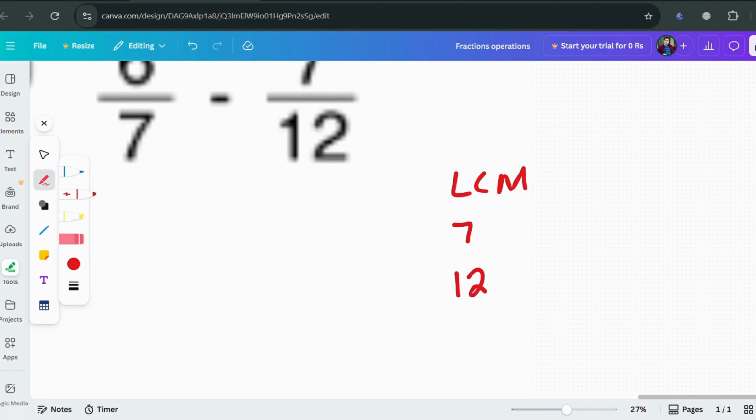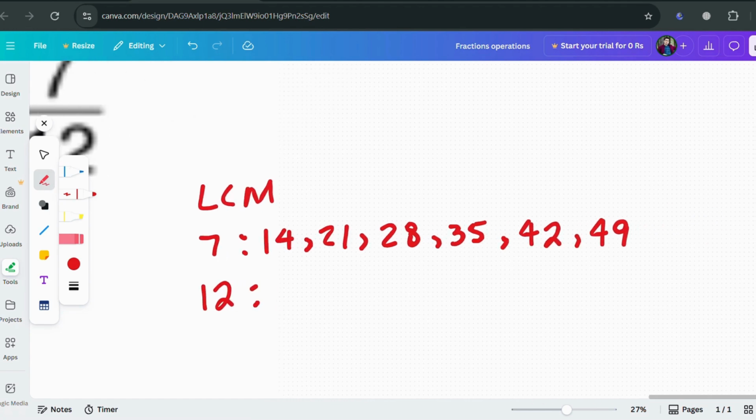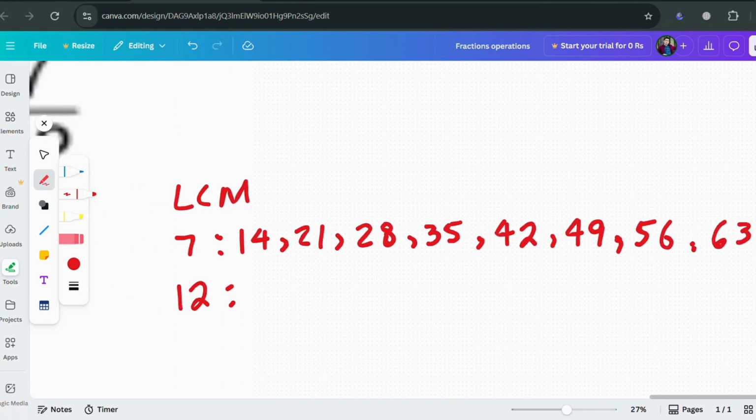7 and 12. I'm going to write down the multiples of 7. These are the few numbers that I've written so far.